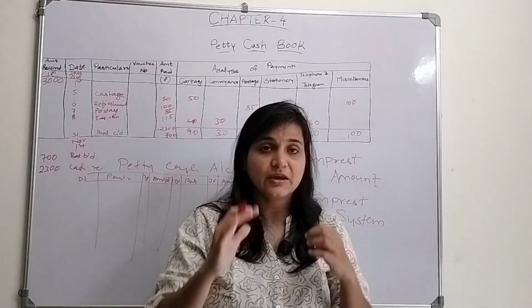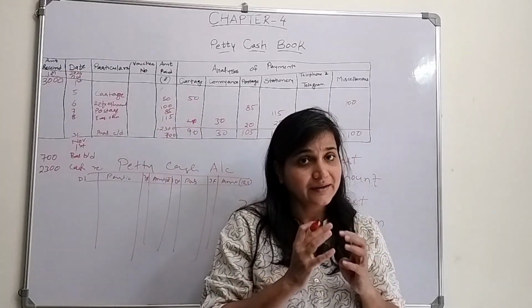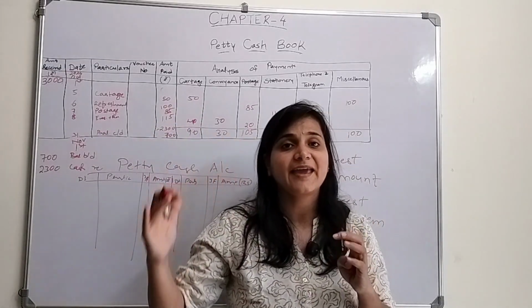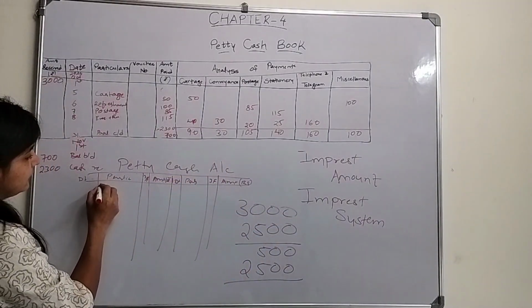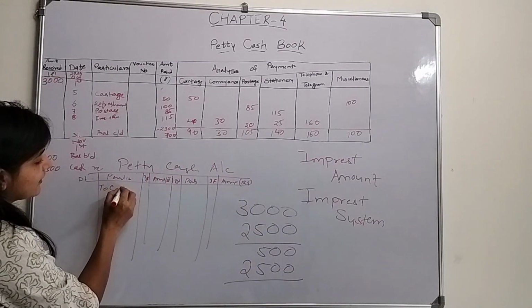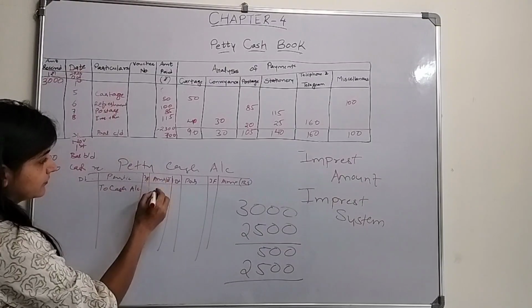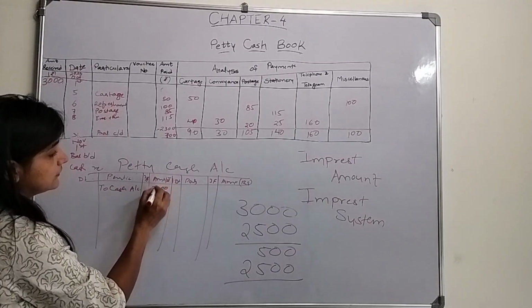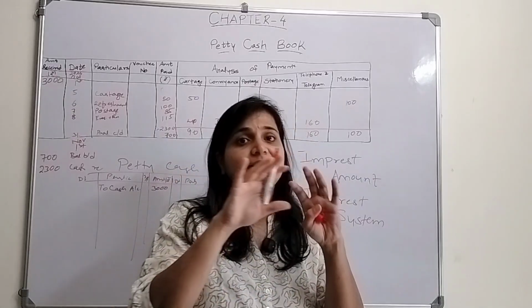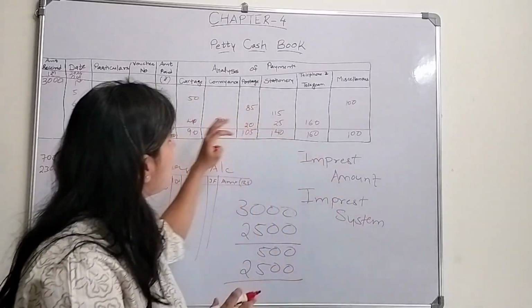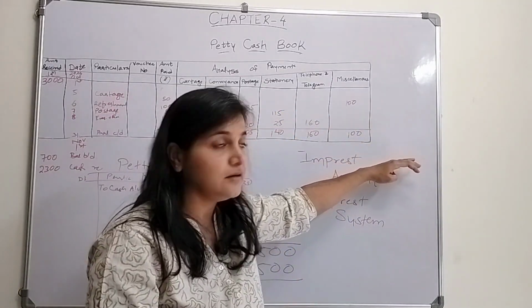To the petty cash. So petty cash account debit to cash account. On the debit side of the petty cash account, we will write to cash account 3,000.